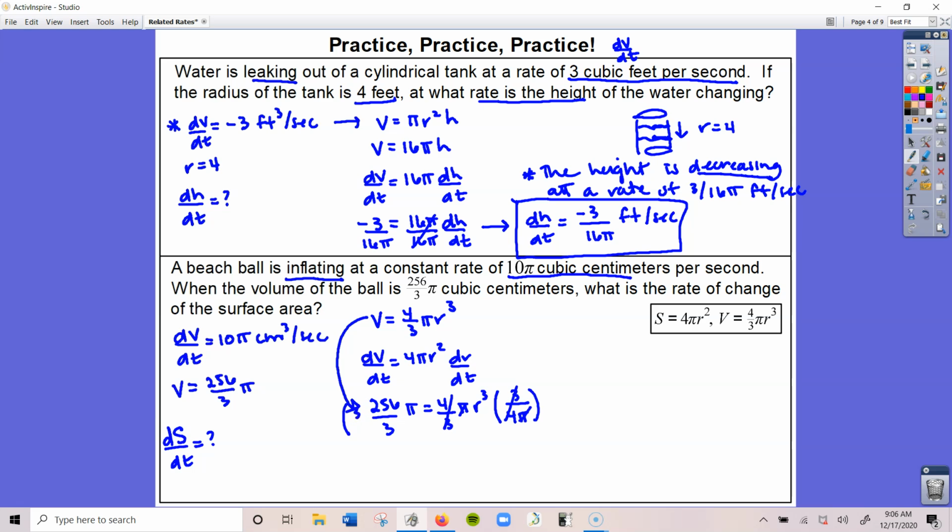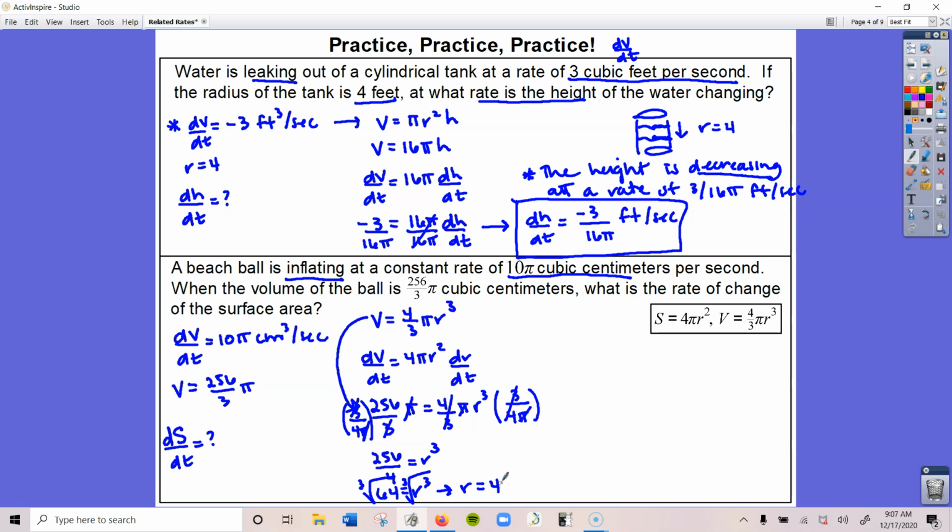The pi's would cancel and the 3's would also cancel. And we have 256 divided by 4, which would equal my radius cubed. Now 256 divided by 4 is 64. So if I cube root both sides, I get that the radius is equal to 4.